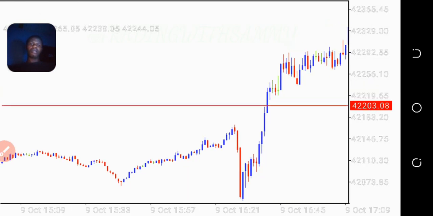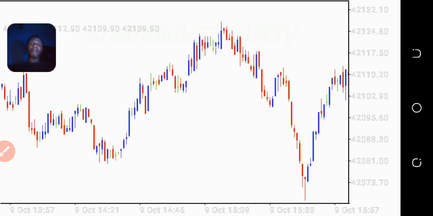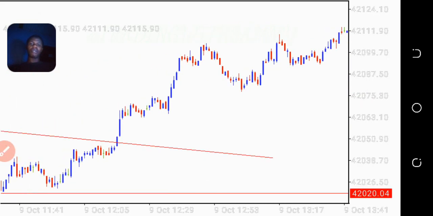Okay, this was it. So the news impact came up, but see where I was mapping out. Where I was mapping out was here.